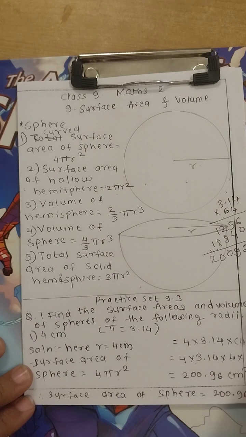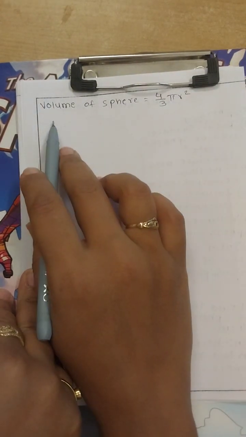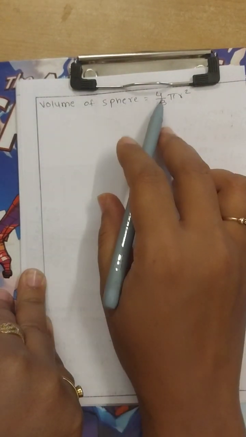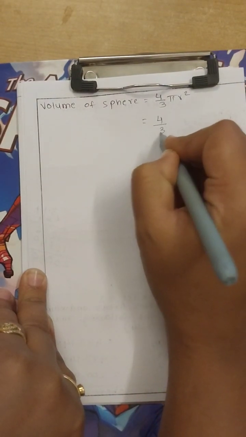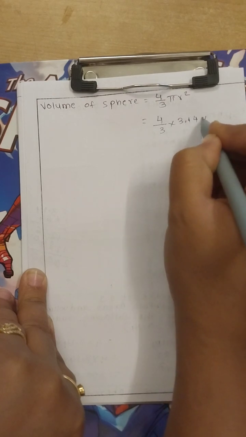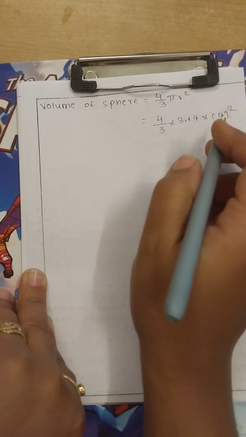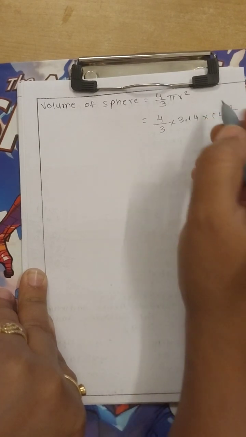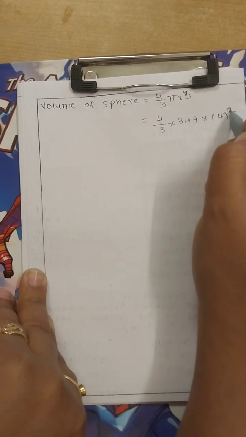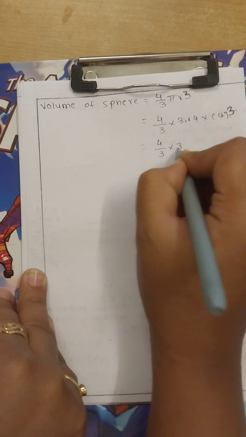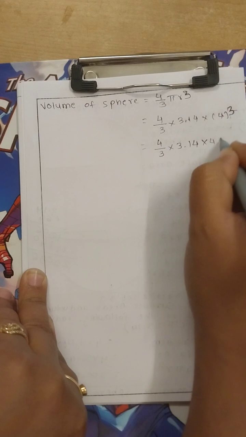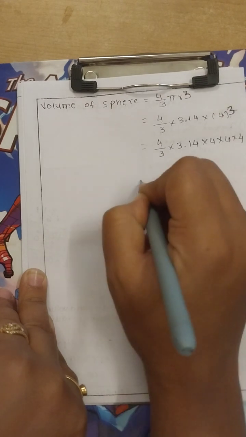Next, we have to find out the volume of a sphere having radius 4 centimeter. Just look at the formula. Volume of sphere is equal to 4 upon 3 pi r cube, which is equal to 4 upon 3 into 3.14 into 4 into 4 into 4.